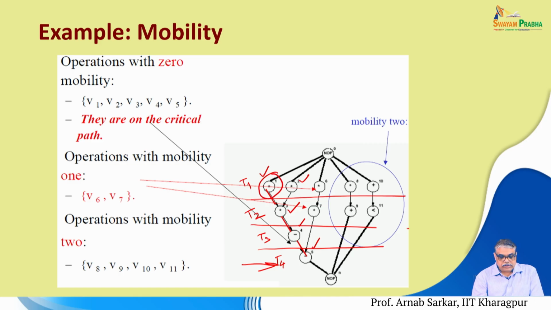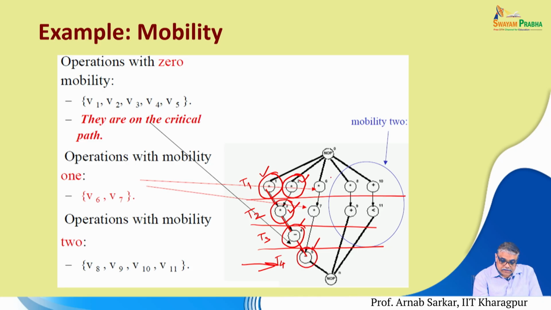If you do not schedule operation 1 in time step 1, you will miss your time bound or deadline of 4 units. The same will happen if you do not schedule operation 2 in time step 1, or operation 3 in time step 2, exactly at time step 2, nowhere else. Same for 4 and same for 5. So, all of them have a mobility of 0.